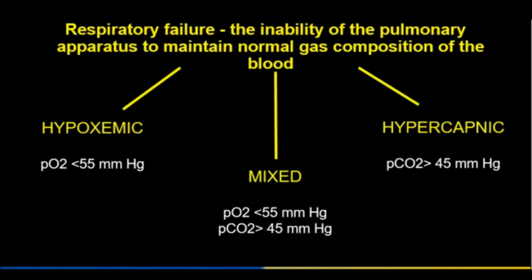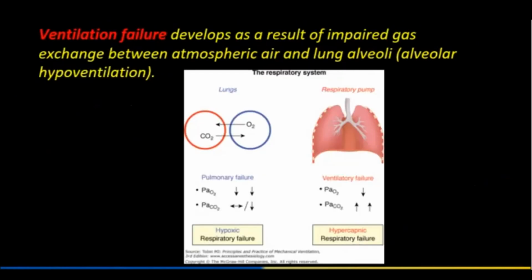Respiratory failure is the inability of the pulmonary apparatus to maintain normal gas composition of the blood: hypoxemic, mixed, and hypercapnic. Ventilation failure develops as a result of impaired gas exchange between atmospheric air and lung alveoli, hypoventilation.